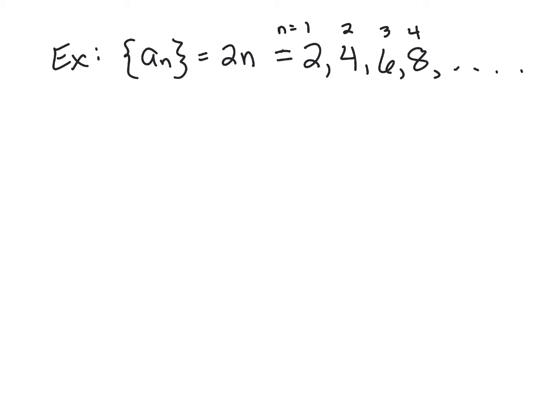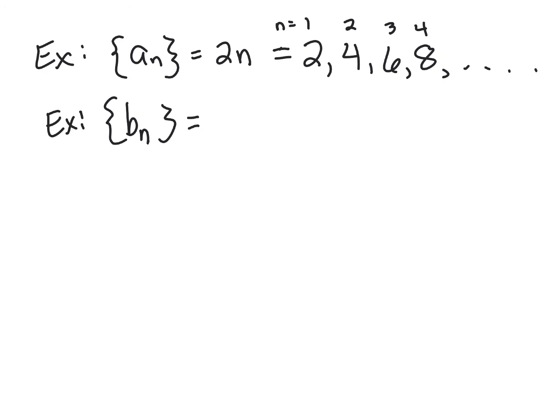Another example. If a sub n, you know what, let's change the name. We can call it whatever we want. Let's call this one b sub n. That n is not multiplying. I should be more careful. This is an actual subscript that goes down below. It's easier to see when it's typed. You look in your book and you'll see what I mean. Let's define b sub n as being 2n minus 1.